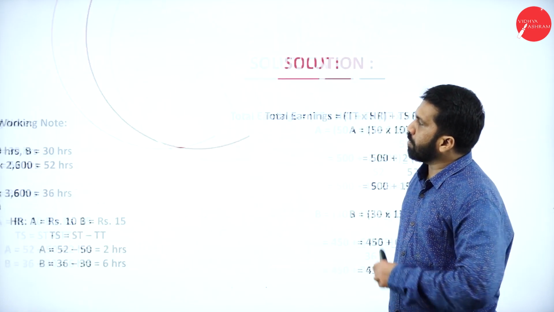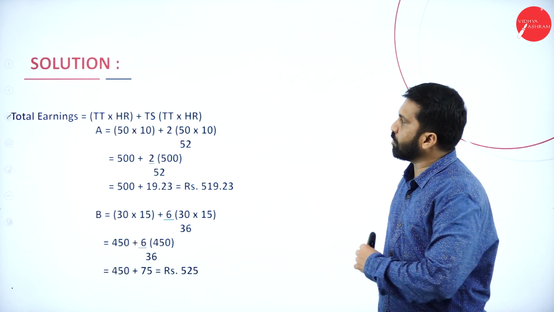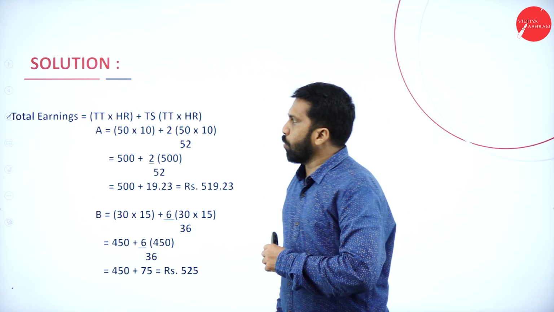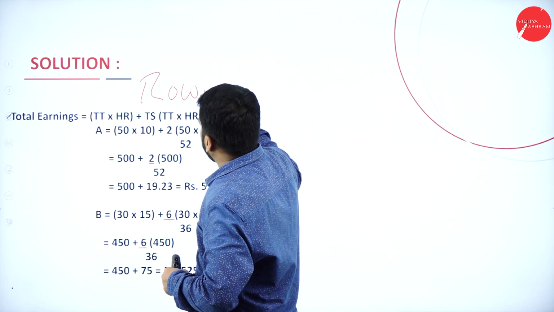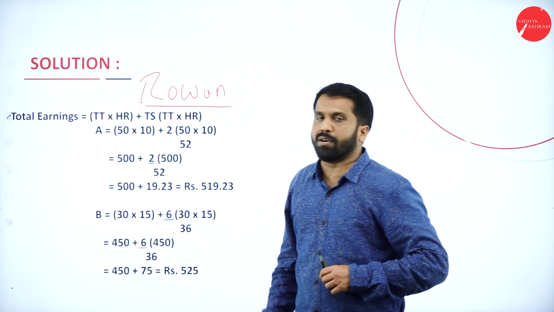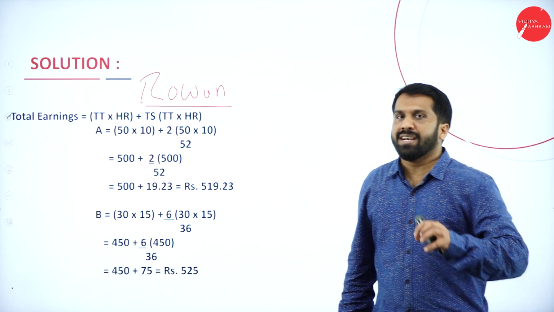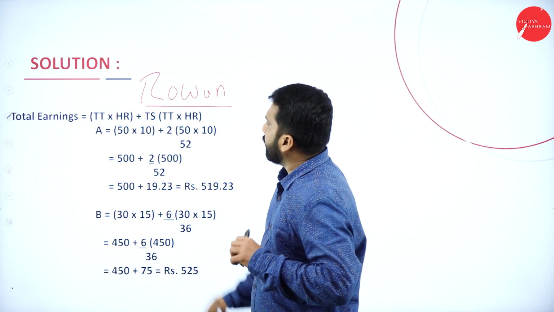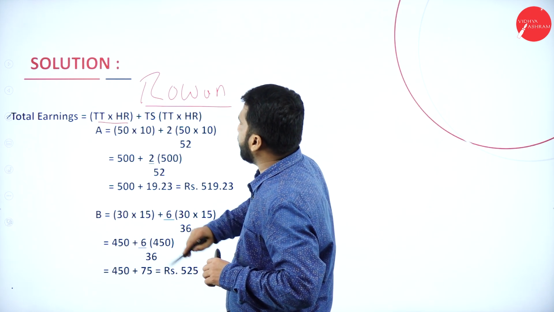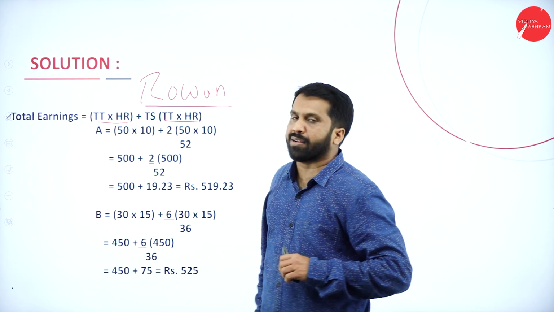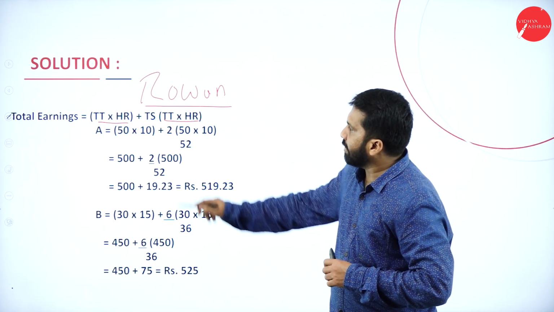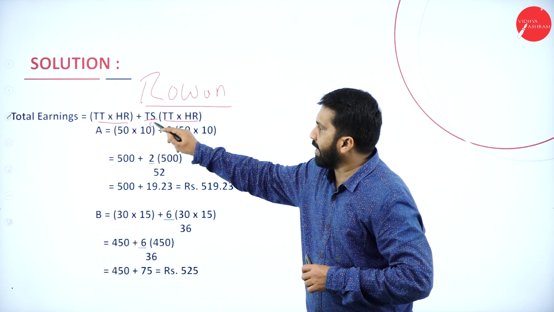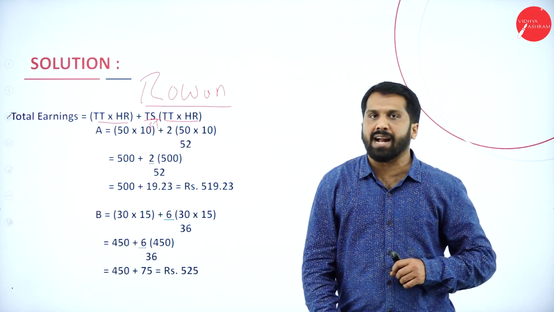Now we'll go for the second and last one, the Rowan plan. What is the formula for the Rowan plan? As you know, it is the easiest one. Time taken into hourly rate, along with time saved divided by standard time.